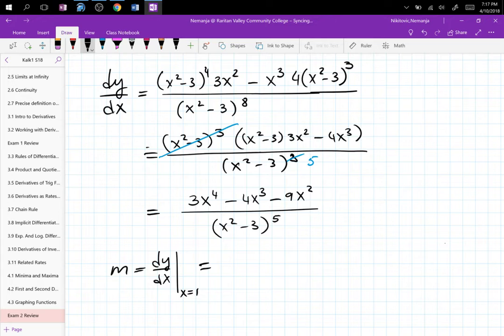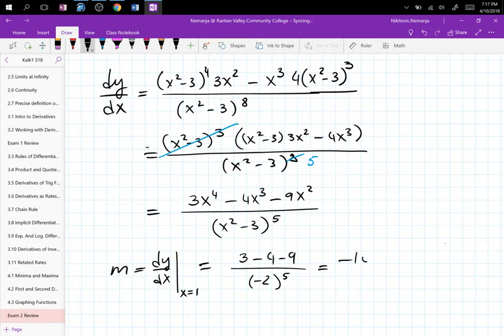This is notation to say compute. You put a large vertical line and you put x equals 1 down there. So now all of these x's will become 1s. So this is technically in the numerator just 3 minus 4 minus 9 divided by negative 2 to the 5th power. That's all it is.